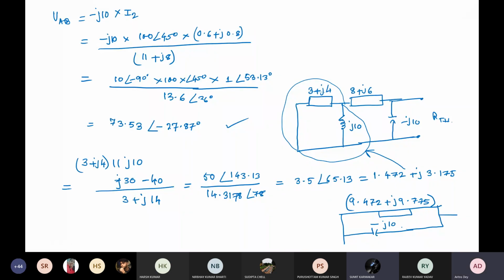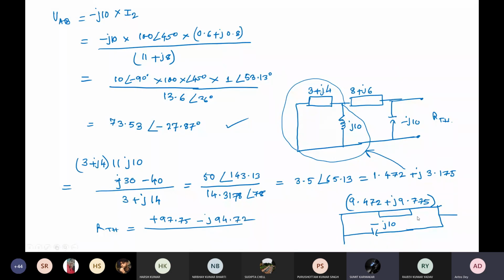So you can write your RTH to be equal to, now you multiply this, so this will become minus 97.75 plus, minus this will be plus because j square and then minus, so plus 97 minus j 94.72.